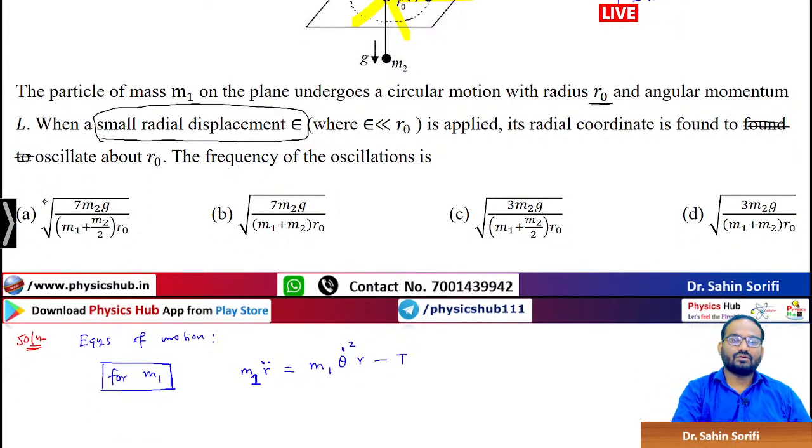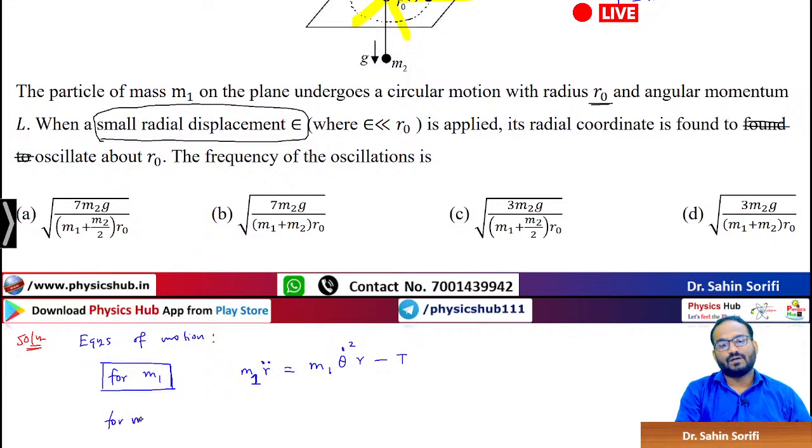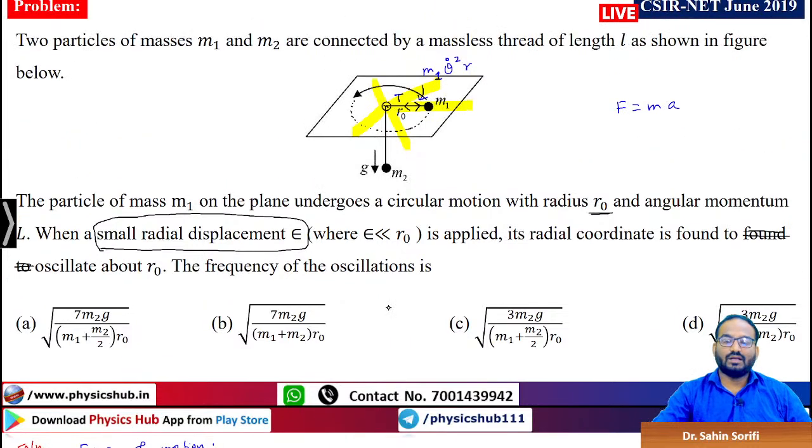Now if I talk about the second mass, m2, what will be the equation of motion? In which direction will the tension work? m2 is pulling it down, so obviously the tension will act in the opposite direction, and along this direction gravity is pulling it down.